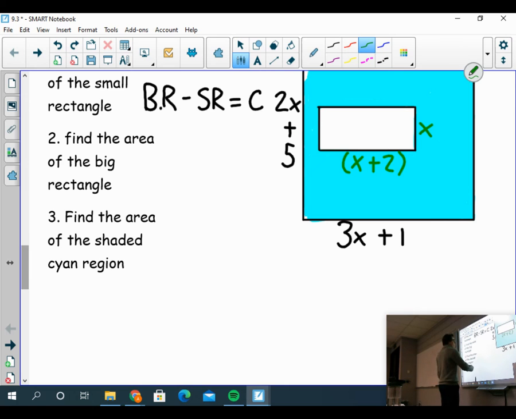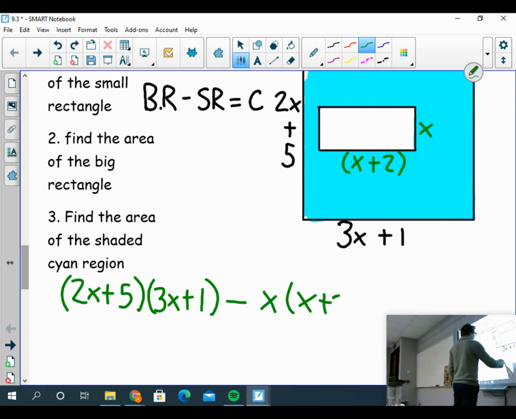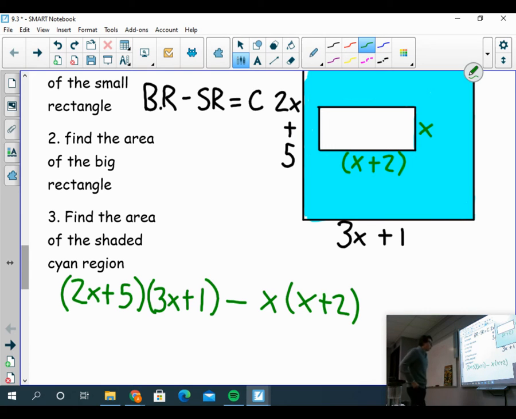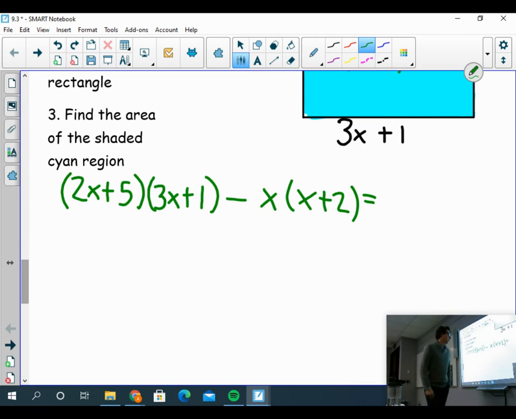The area of my big rectangle, we said, is the outer length times the outer width, minus the area of the small rectangle, which we said was the inner length times the inner width. And now, if we solve this, we will find the area of the cyan region.